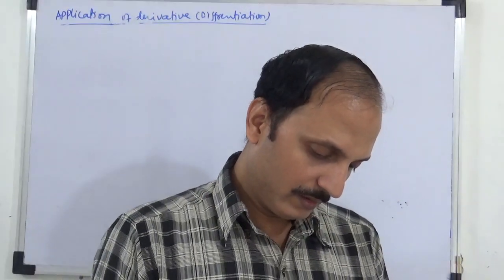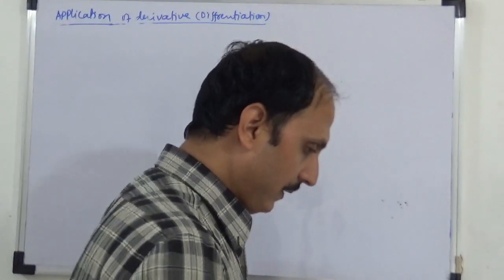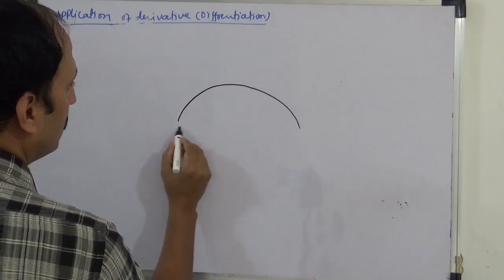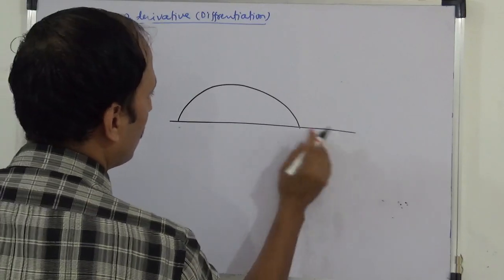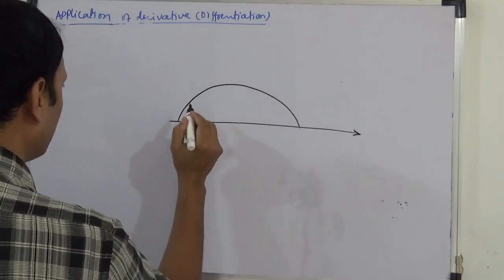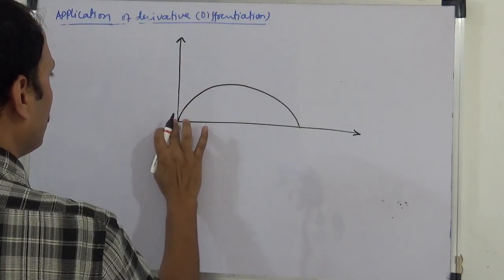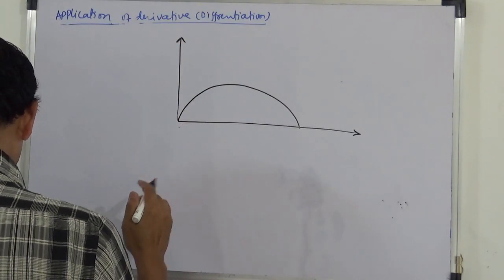So here, if I draw the graph for your understanding, let's say it is a circle.